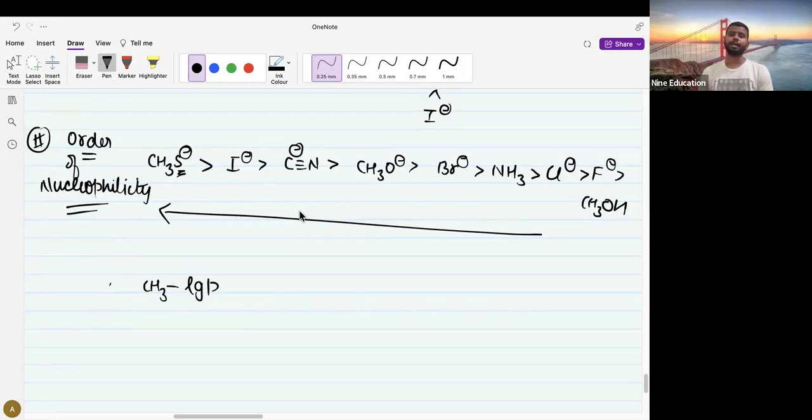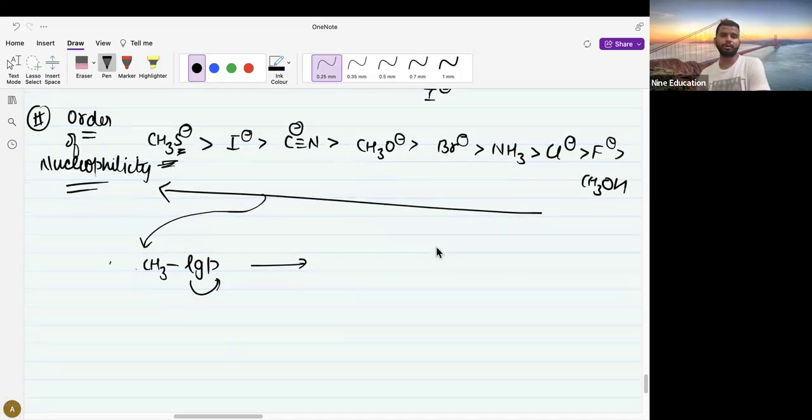And these are our nucleophiles. So इनमें से कौन सा वाला सबसे ज्यादा अटैक करके कार्बन पे लीविंग ग्रुप को निकाल सकता? First one will be CH3S minus, then I minus, then CN minus, then CH3O minus, then Br minus, then ammonia, chlorine, fluorine, and CH3OH. This you should remember the order.